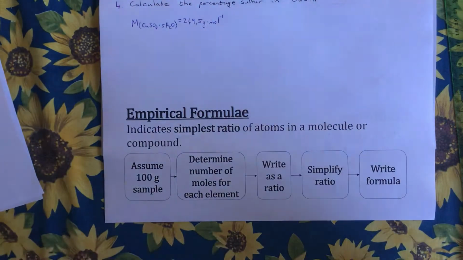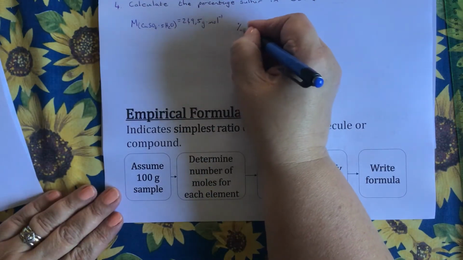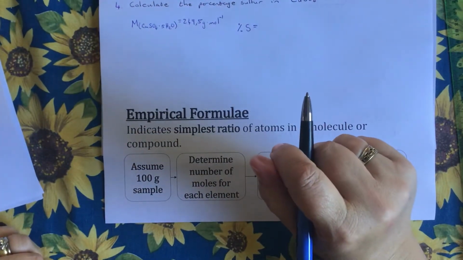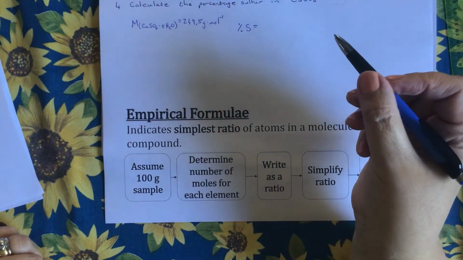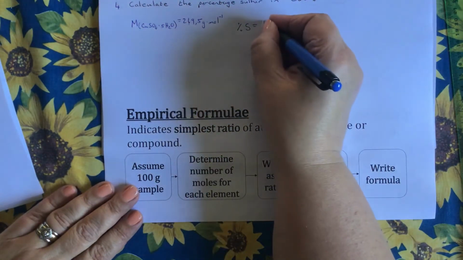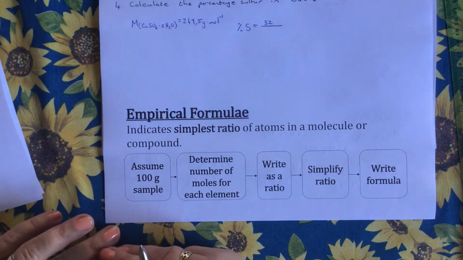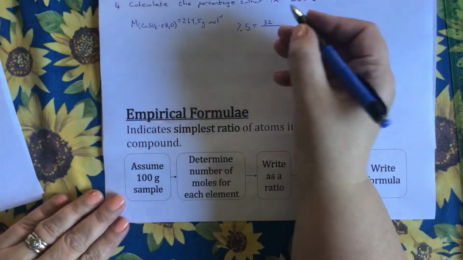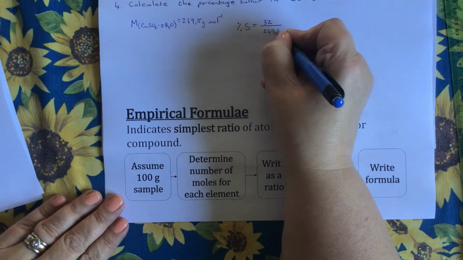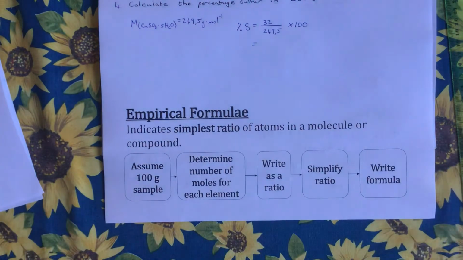Right. Now, I'm only interested in the percentage of sulfur. So I'm not going to calculate everything because then I'm not answering the question. I'm just focusing on the sulfur. Now, what is the mass of the sulfur in this whole compound? It is only 32 because there's only one sulfur atom in the whole molecule. And 32 divided then by 249,5, multiply that by 100 to get it as a percentage.